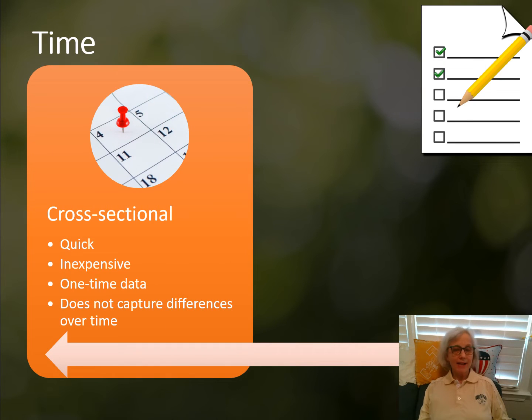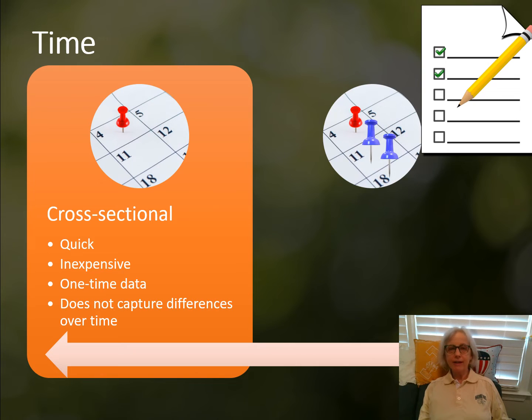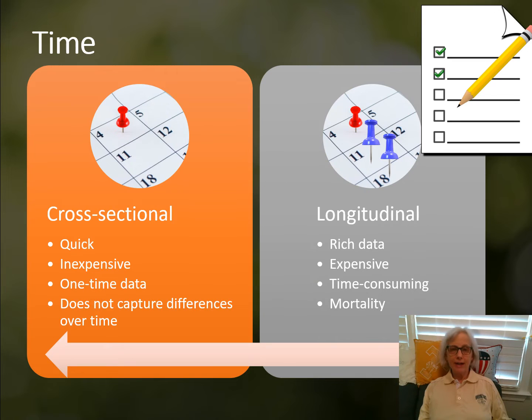When gathering data, you may choose to do a cross-sectional or longitudinal study. A cross-sectional study is completed at one point in time, is quick and cheap, but does not capture differences over time. Longitudinal data adds more than one data collection time period to the analysis.